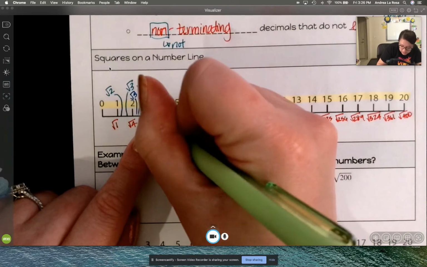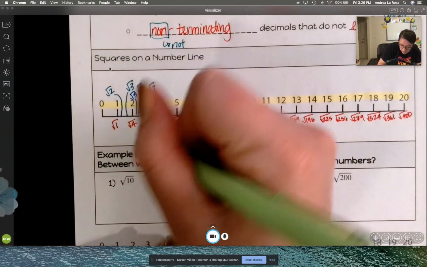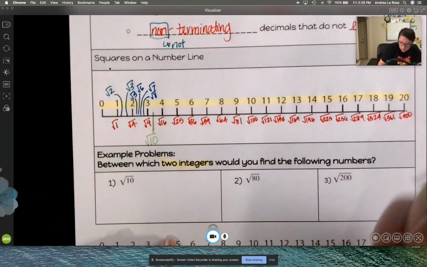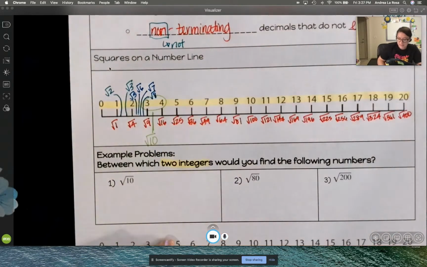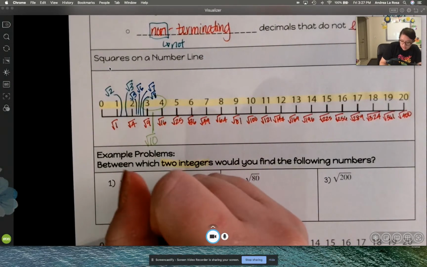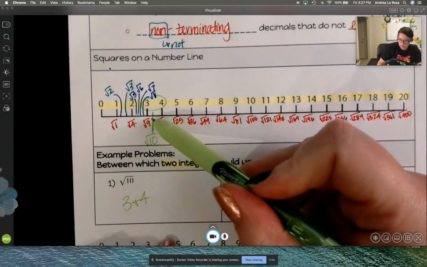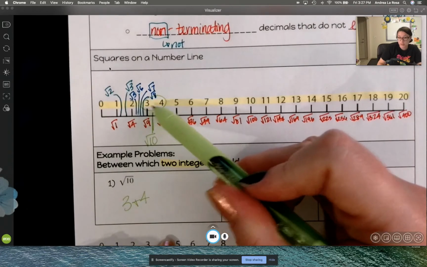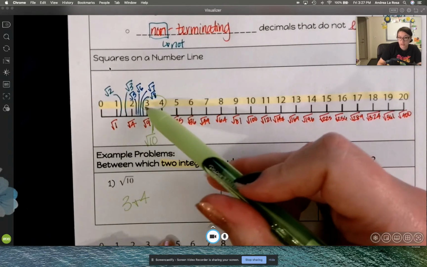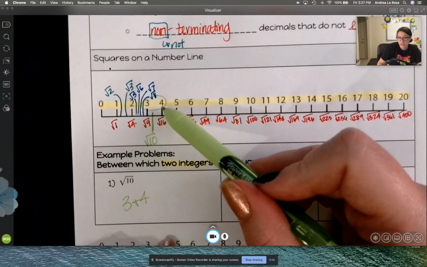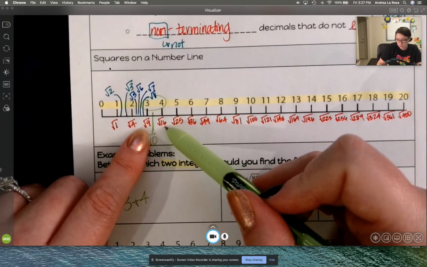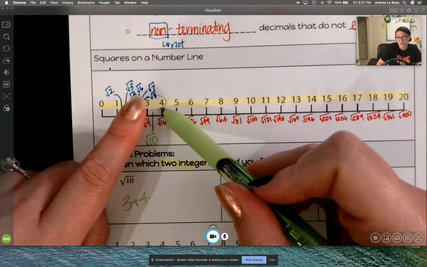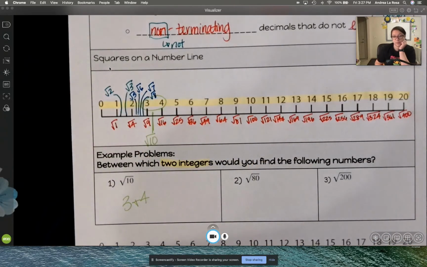The square root of 10 is going to be somewhere in there. So between the square root of 9 and the square root of 16, that means it's going to be between 3 and 4. 3 is the square root of 9, 4 is the square root of 16, and 10 is somewhere between 9 and 16, which means the square root of 10 is going to be somewhere between 3 and 4.